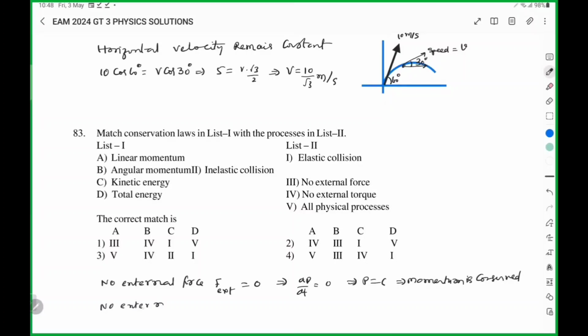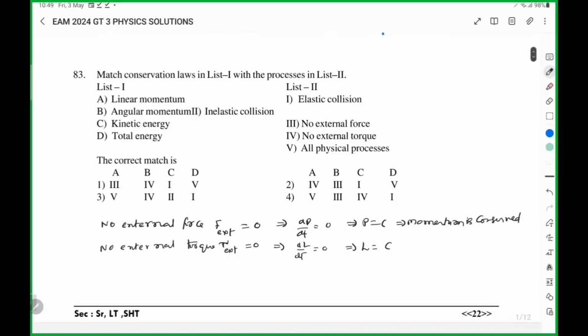No external torque, dL by dt is 0, which implies angular momentum is constant. L here stands for angular momentum.